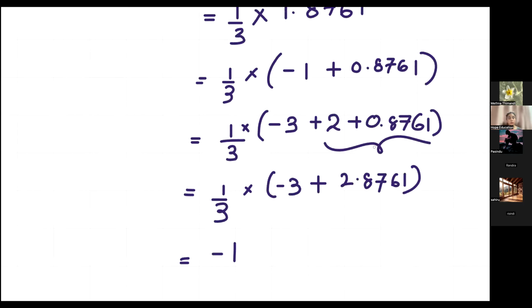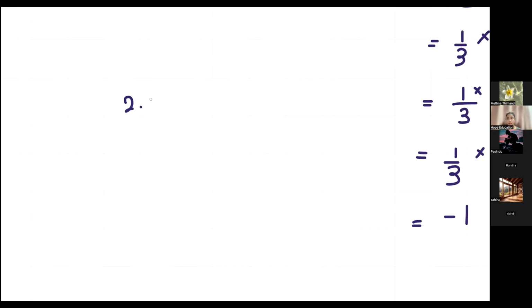If it's a positive characteristic it doesn't matter, you can just divide. It's with negative characteristics that we get that problem. 2.8761 divided by 3. 3 times 0. Then 28, 3 times 9 is 27.